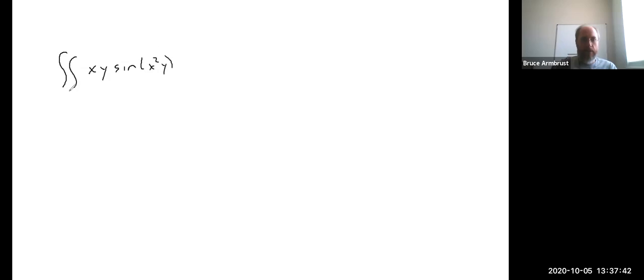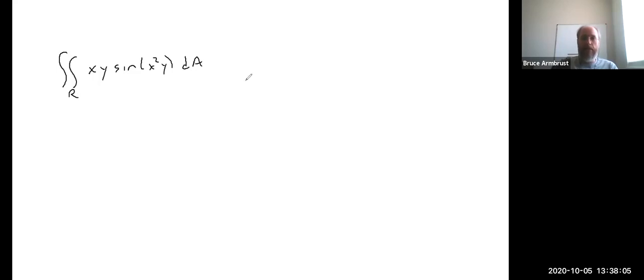I'm just going to generically call it, we're going to go over the region, and we're going to have a dA. If we don't want to specify which way we're setting it up, we're just going to write a dA. So that can be a dx dy or dy dx. And then we'll just say over the region. This way we don't have to worry about the bounds until we decide how we want to set it up.